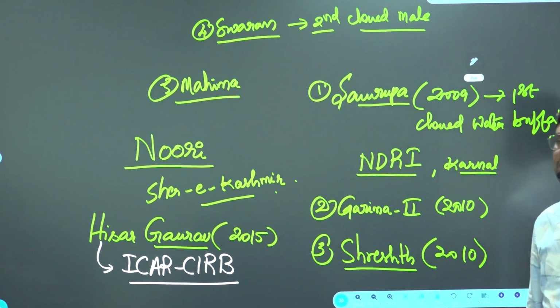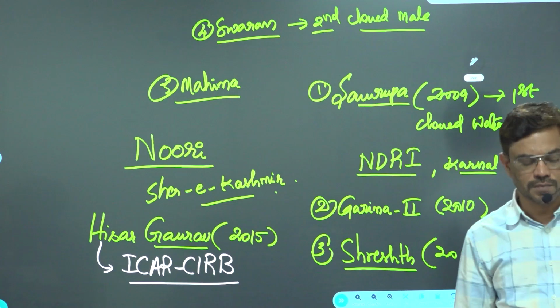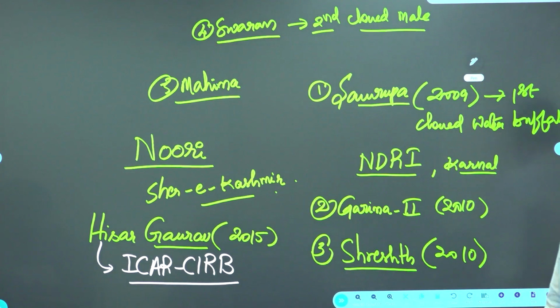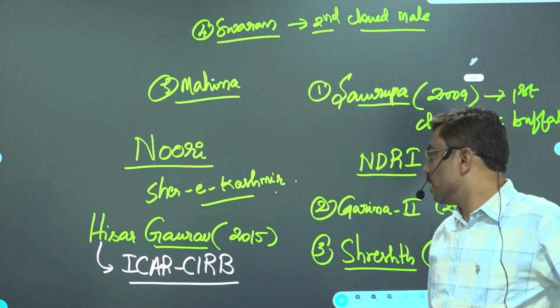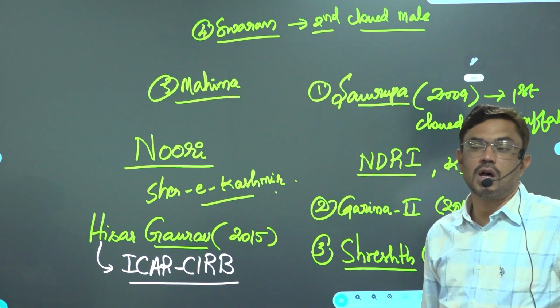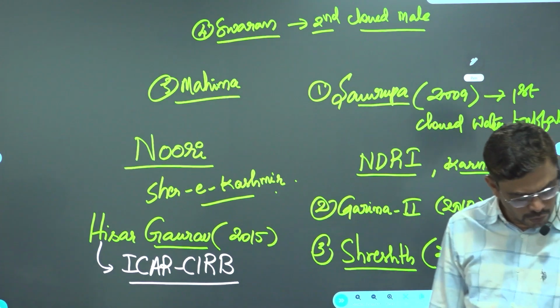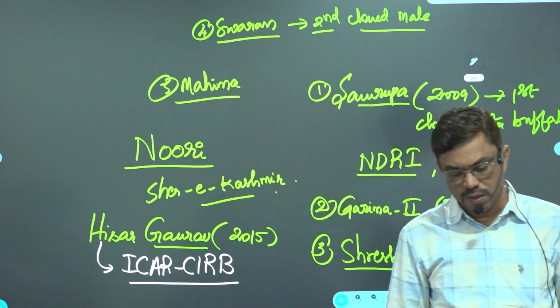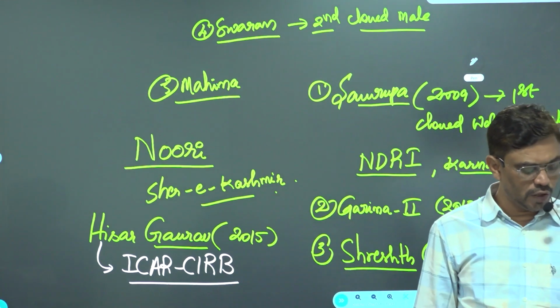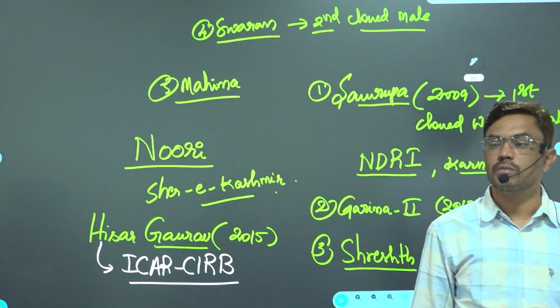ICAR means Indian Council of Agricultural Research. CIRB means Central Institute for Research on Buffaloes.